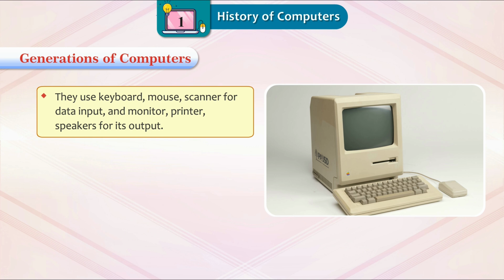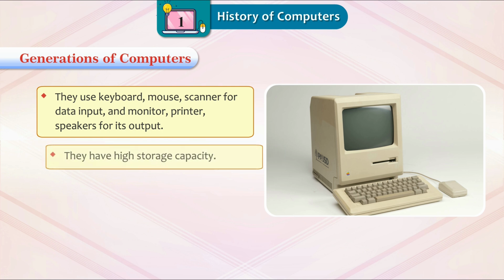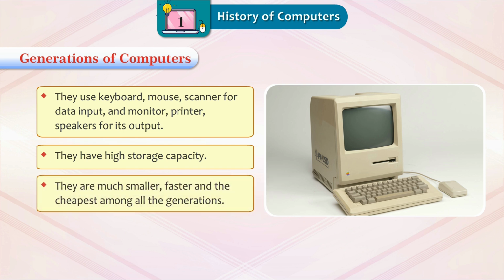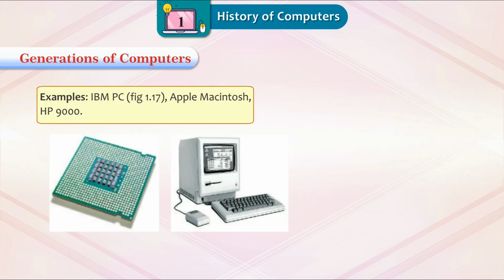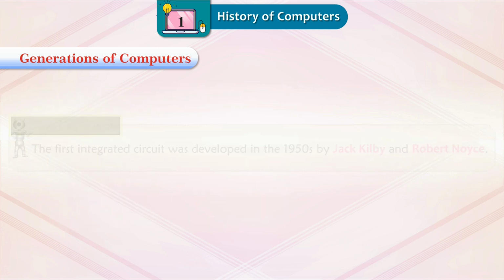They use keyboard, mouse, scanner for data input and monitor, printer, speakers for its output. They have high storage capacity. They are much smaller, faster, and the cheapest among all the generations. Examples: IBM PC, refer to figure 1.17, Apple Macintosh, HP 9000.